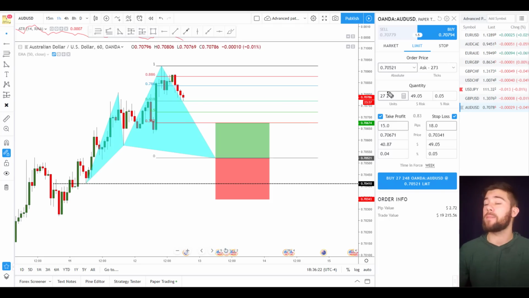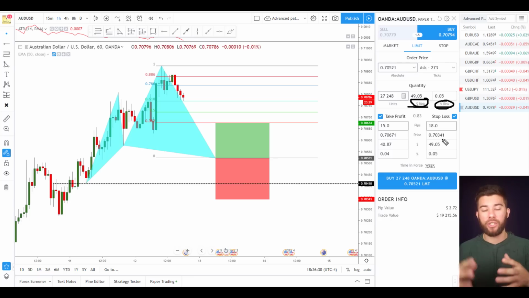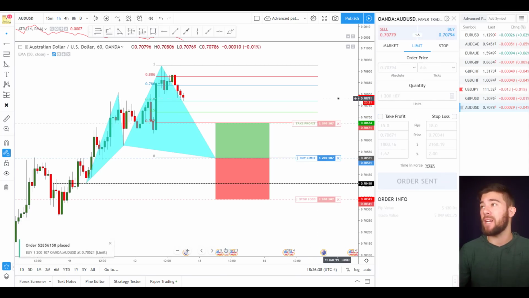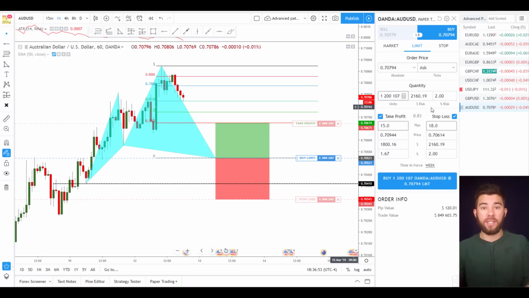And the way we do that is by looking right here. These two sections, dollar risk and percent risk, is how you can figure out what you're risking percentage-wise of your account. So let me make that more clear. Right here, if I put 2% and click enter, it just set me up with a 2% risk on that trade. And the trade is in the system. It's ready to go.